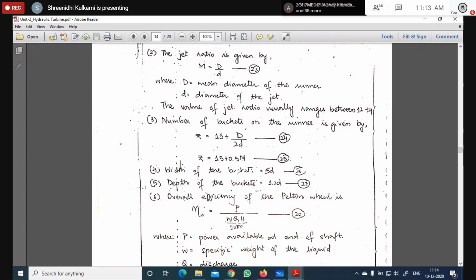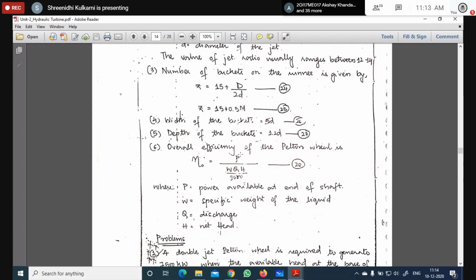Then the overall efficiency of the Pelton wheel, which we already discussed in the last class, is given by P divided by WQH. What is P? Power available at the end of the shaft.